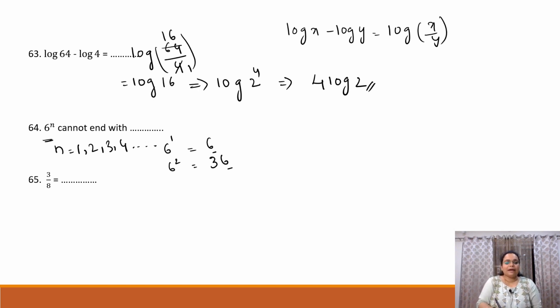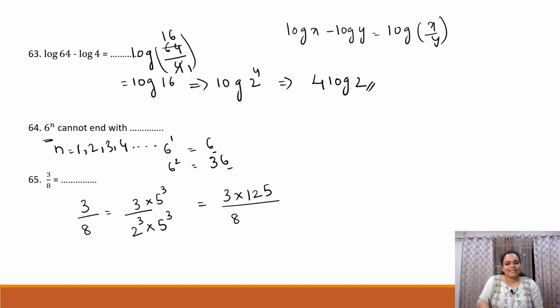So here 3 by 8, they have not mentioned anything, right? So let's see, 8 can be written as 2 cube, 3 by 2 cube. Okay. So if we multiply 5 cube in the numerator and denominator, the value does not change, right? 3 into 125 divided by 8 into 125.